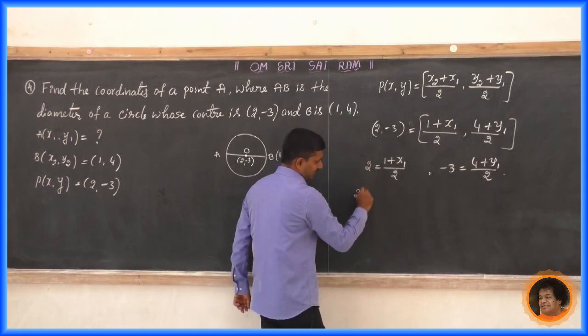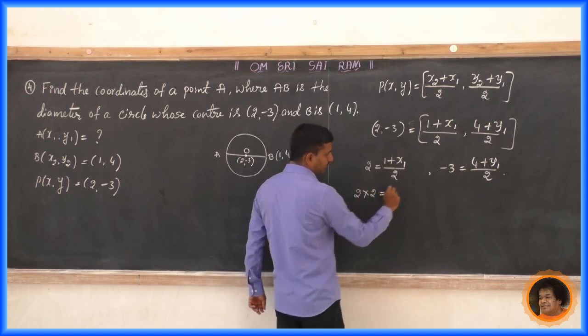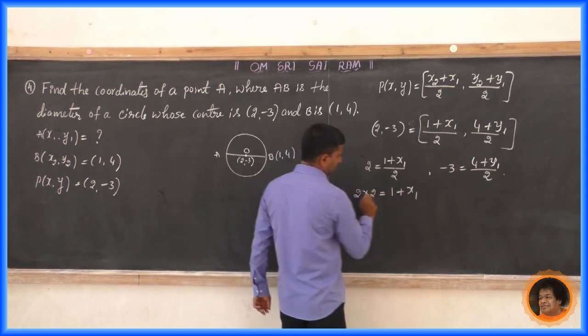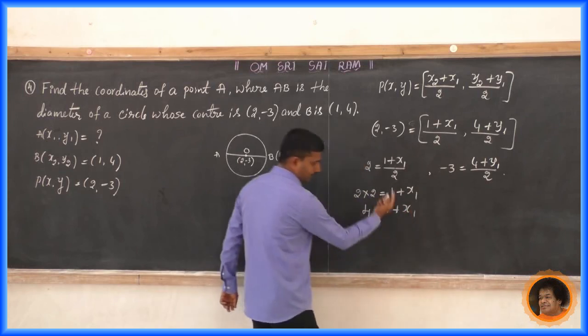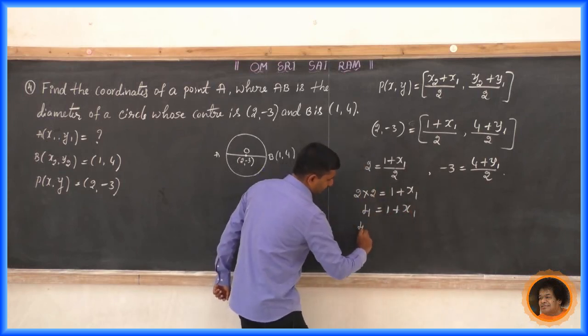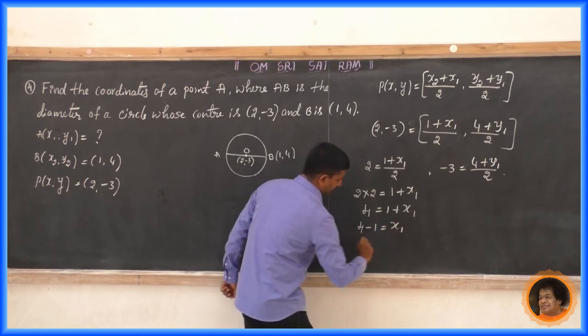So 2 equals 1 plus x1 divided by 2, comma minus 3 equals 4 plus y1 divided by 2. Transposing the divided by 2, it becomes multiply: 2 into 2, 4, equals 1 plus x1. Transpose 1 to the left hand side: 4 minus 1 equals x1.